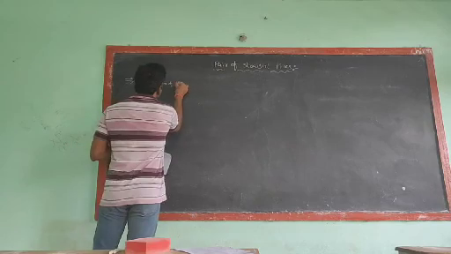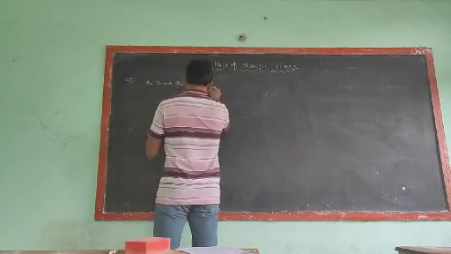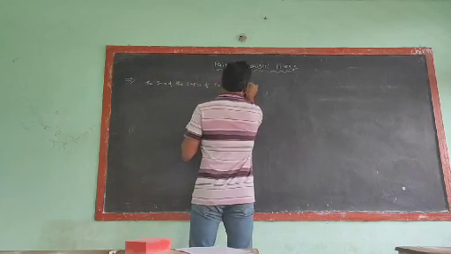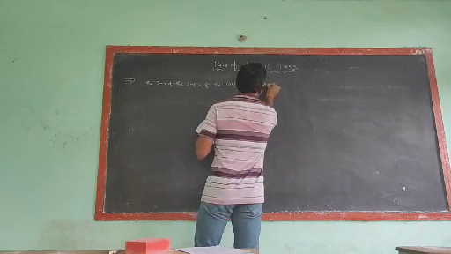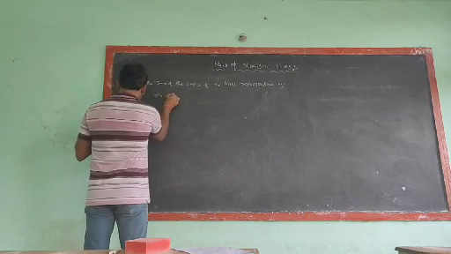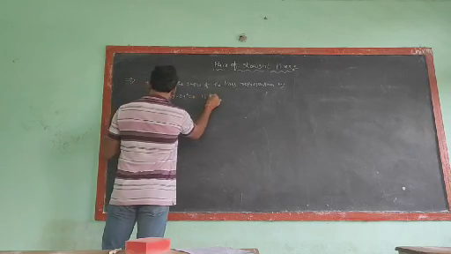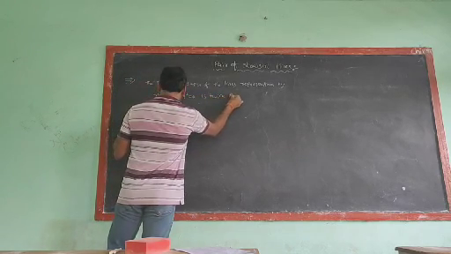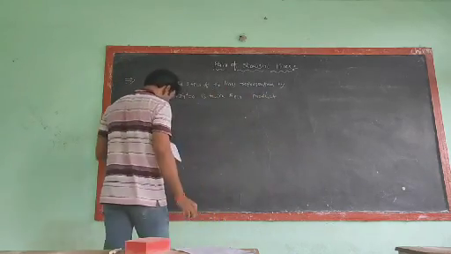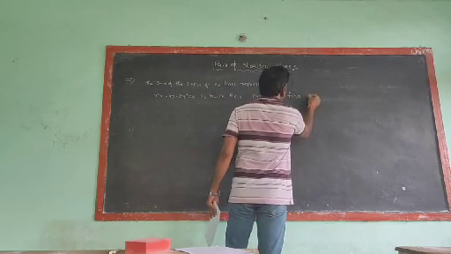The sum of the slopes of the lines represented by x square plus kxy minus 3y square equal to 0 is twice their product. We have to find k. Find what the k value is.